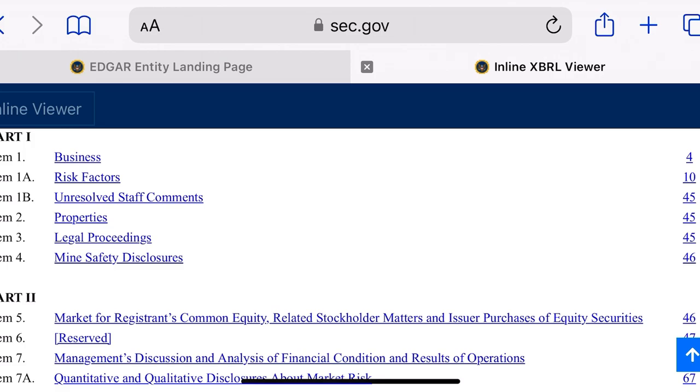So the first part is the business. They talk about what the business is about, how it started, and the nature of what's going on. Then they'll get into risk factors in 1A. This is one of my favorite sections. A lot of that is pretty similar between companies. A lot of them mention COVID-19, or climate change, or just standard little comments.